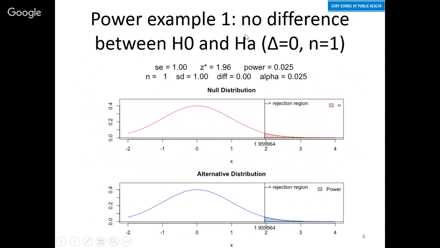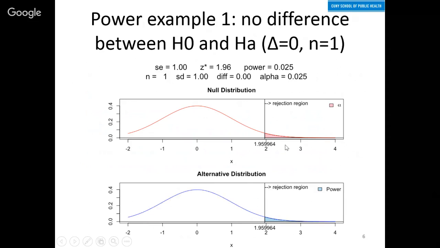And if our alternative distribution were the same, then our probability of actually observing a sample in that region is the same as under the null distribution. So it's still going to be a 2.5% probability under each of these tails.